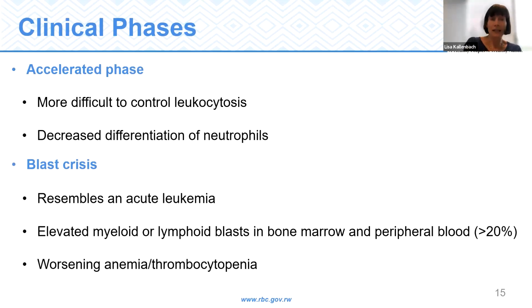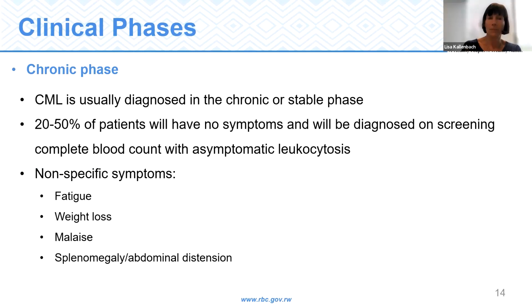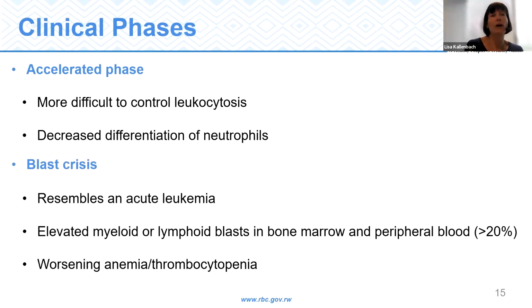There are different phases of CML. The chronic phase is the most common, which is what we talked about in the last slide. The accelerated phase presents with a more difficult to control leukocytosis and decreased differentiation of the neutrophils.